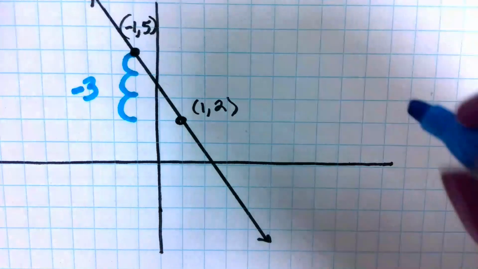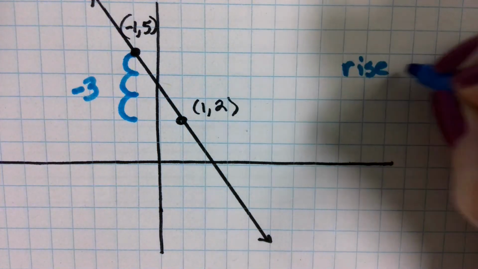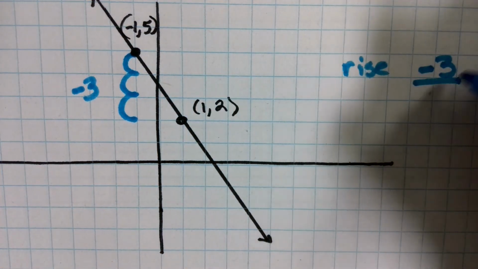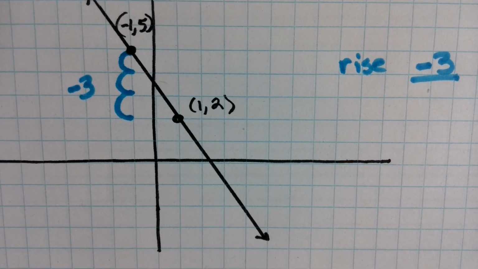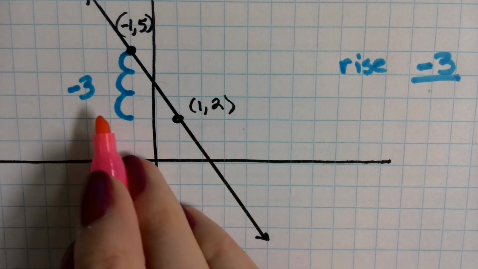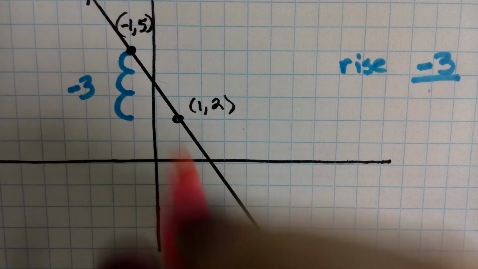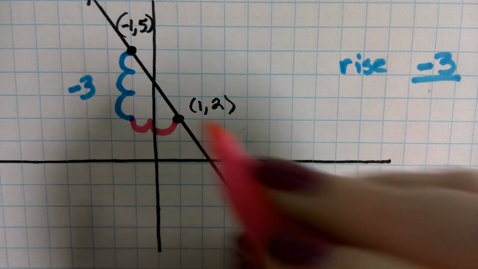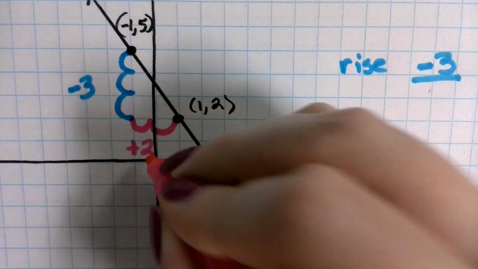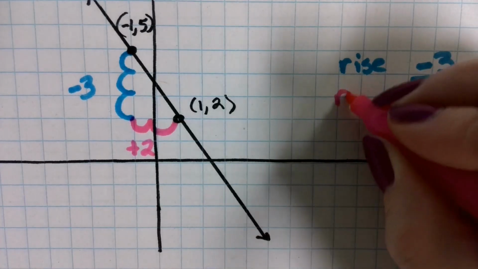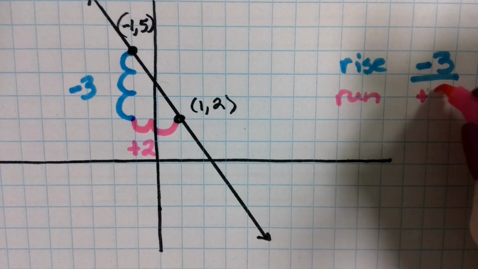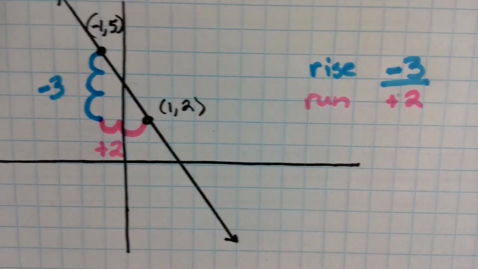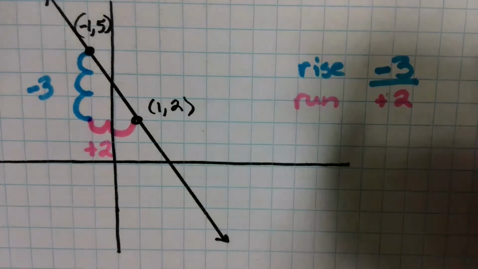So it's a negative rise of 3. And then the run, I'm going to be going to the right. So is that negative or positive? Positive. And I'm going to move how much? 2. 1, 2. A +2. So if I have a -3 over a +2, that's just a -3/2.